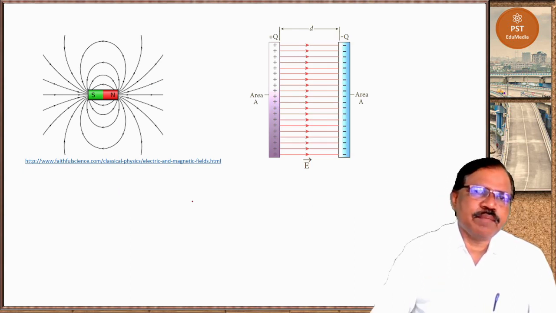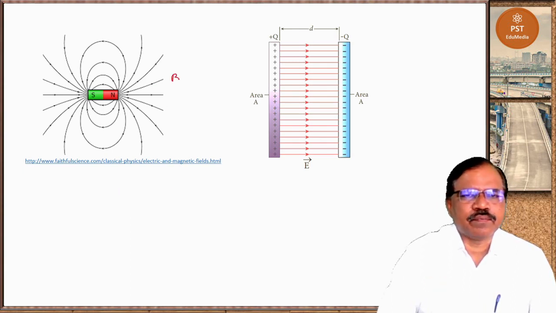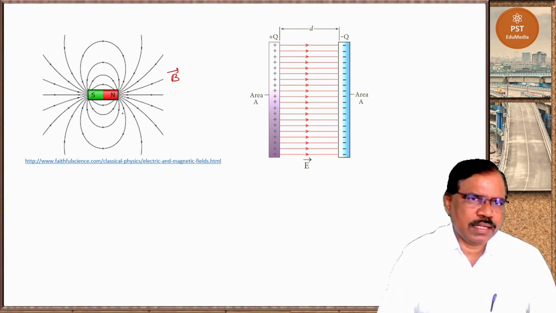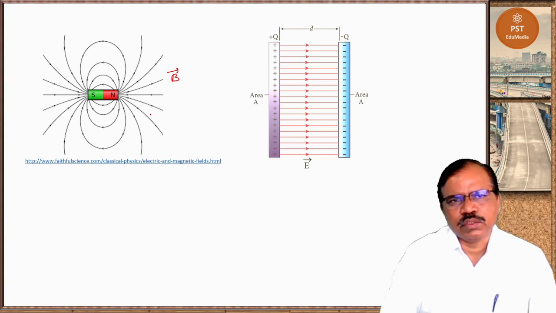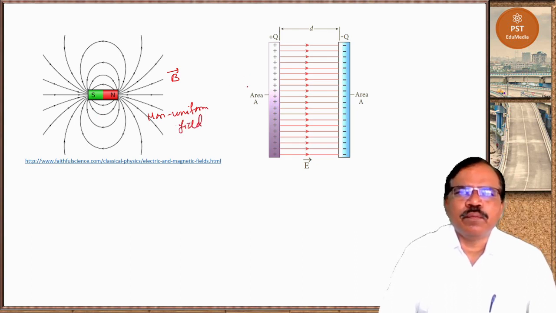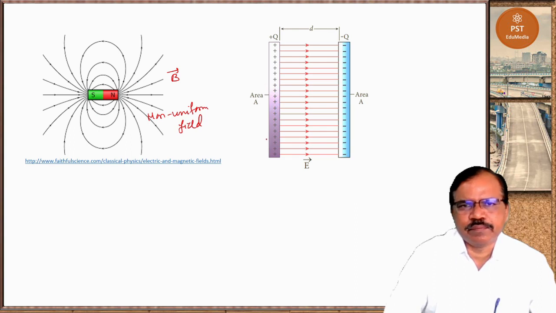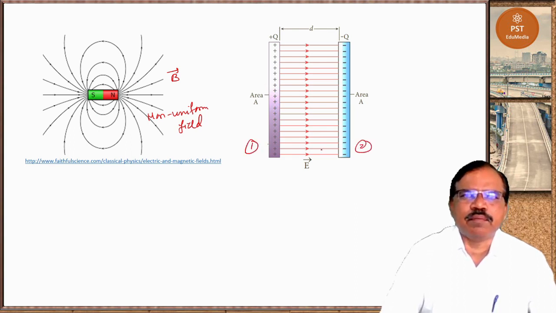Now if we see the magnetic field B, the magnetic field lines come out from the north pole of the bar magnet and enter the south pole of the bar magnet. So this field is also a non-uniform field.